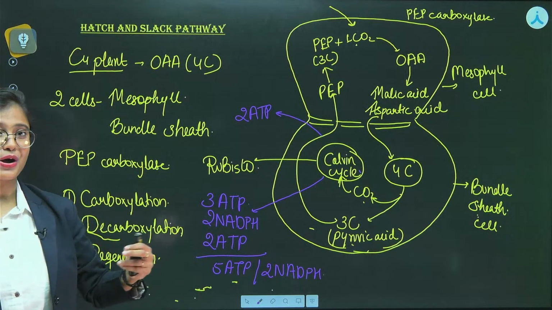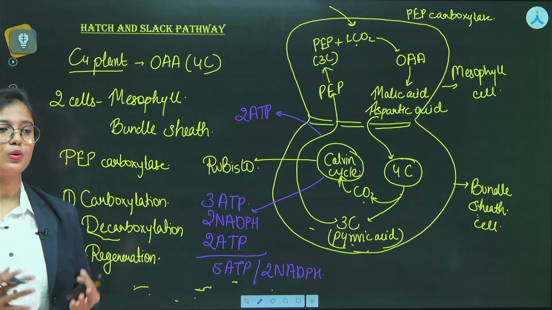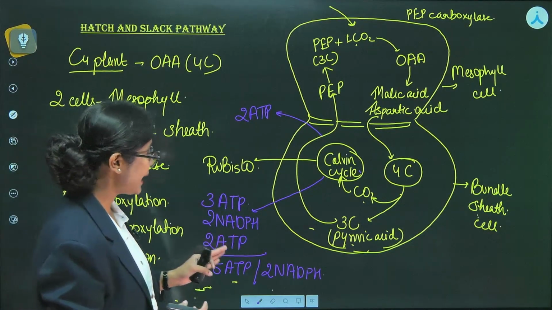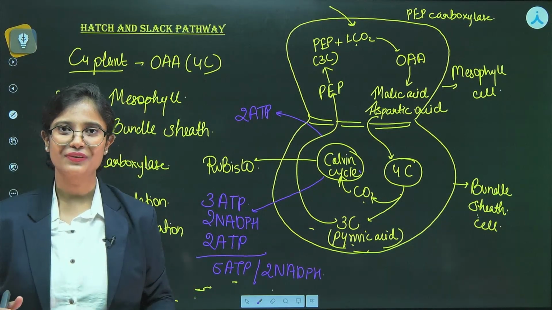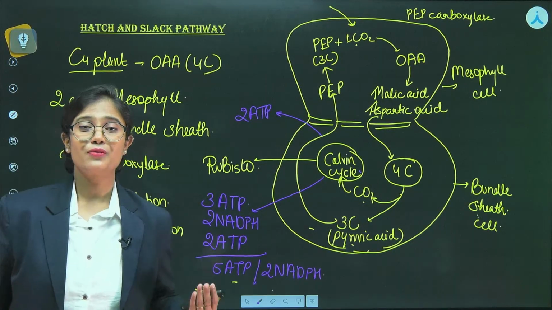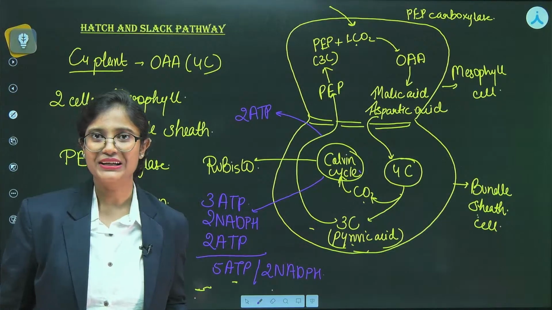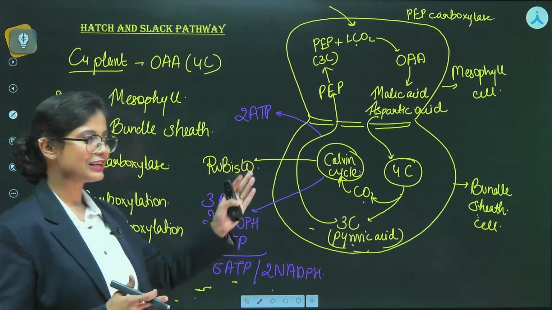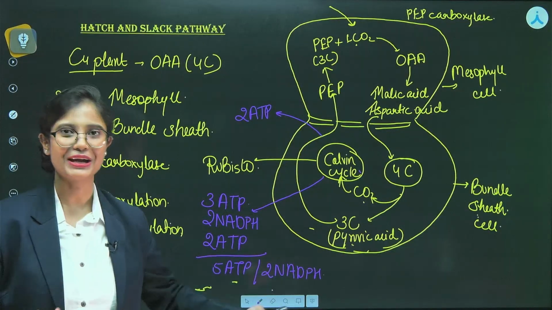Again, for the formation of a glucose molecule, which consists of 6 carbon, it will require 30 molecules of ATP and 12 NADPH, which is far more than the C3 pathway. But if we look into the efficiency of the plant, C4 is much better.